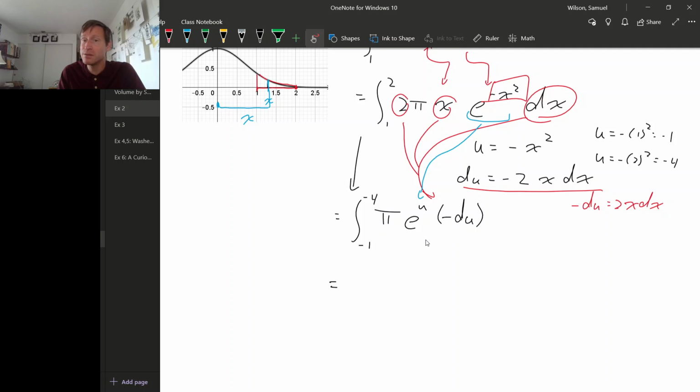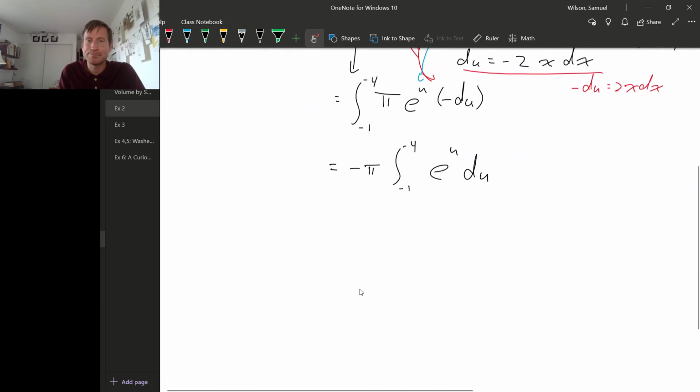So let's take the constant multiples out front. We have a factor of minus 1 and a factor of pi. So let's move those out front. Minus pi times the integral from minus 1 to minus 4 of e to the u du. So this is minus pi, and then for an antiderivative of e to the u, how about e to the u? We're going from minus 1 to minus 4.